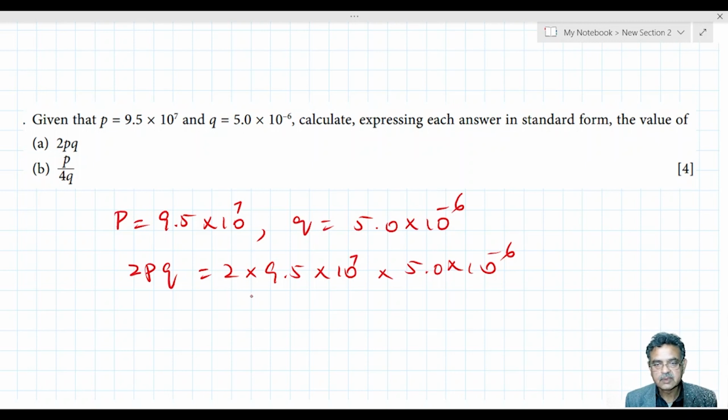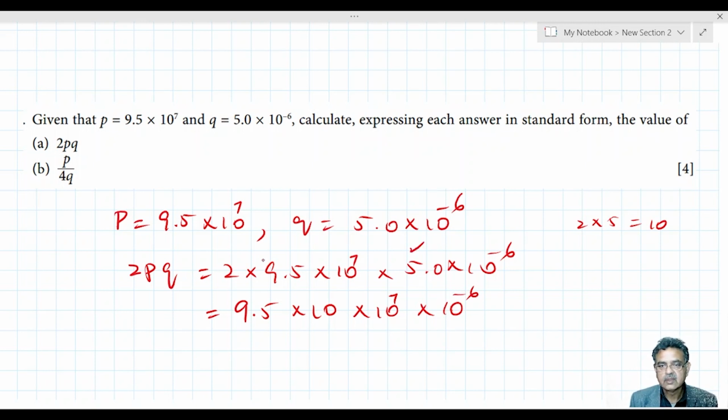2 multiplied by 5, that will be 10. 2 5s are 10. And 10 multiplied by 9.5, that will be 90, or let it be same 9.5. 9.5 multiplied by 10 multiplied by 10 power 7 and 10 power -6.